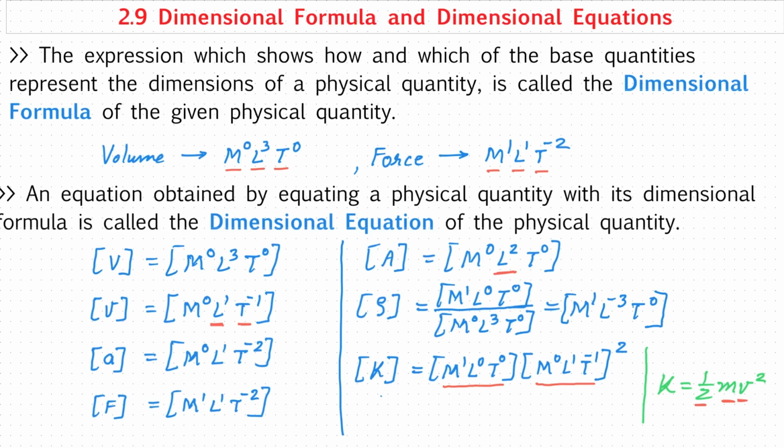Now solving these two brackets, we will get M1 L2, you can see there is L raised to 1 and a power 2, so L2, and T raised to minus 1 with power 2, that's why we will write T raised to minus 2. So this becomes the dimensional equation of kinetic energy.